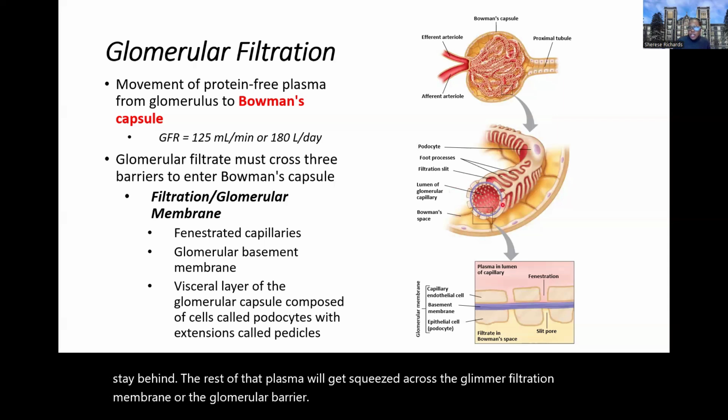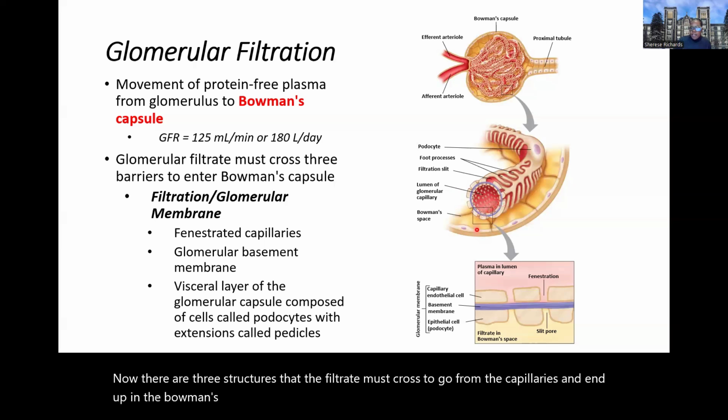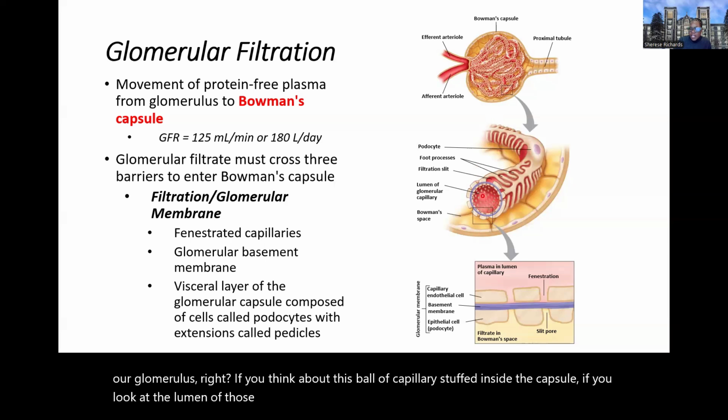Now, there are three structures that the filtrate must cross to go from the capillaries and end up in the Bowman's capsule. This includes the fenestrated capillaries. So here in the lumen of our glomerulus, if you think about this ball of capillaries stuffed inside the capsule, if you look at the lumen of those capillaries, again, they have fenestrations because they are fenestrated capillaries.